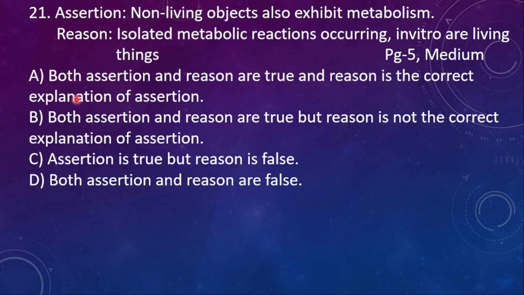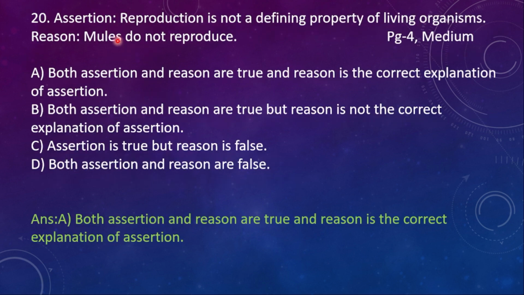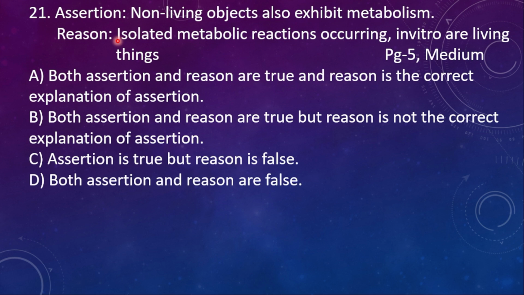Now let's talk about the next question, that is 21. This is also an assertion and reasoning type of question. Assertion: non-living objects also exhibit metabolism. In the previous question we discussed reproduction. Here we are discussing metabolism. Here the reason is isolated metabolic reactions occurring in vitro are living things. Here assertion and reason both are what?